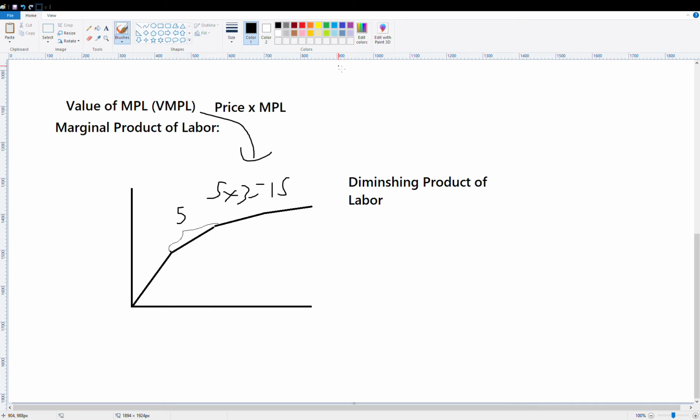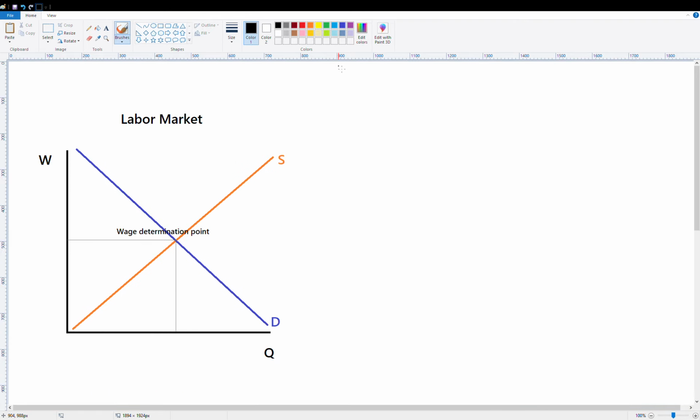Anyways, this graph is similar to perfect competition, right? It also has a firm graph.